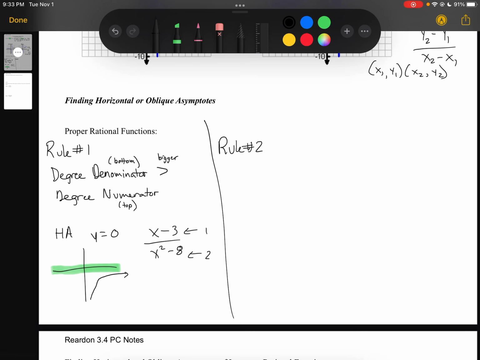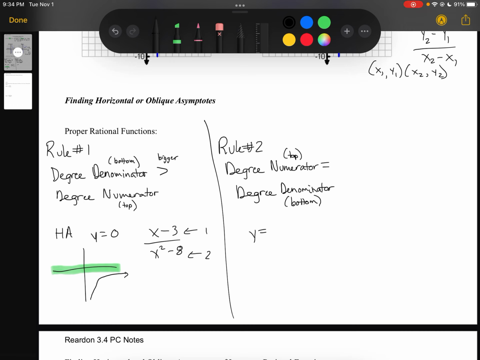Rule number 2. And again, this rule is a second review from earlier this week. So if we have the degree of the numerator, so the top, this time equal to the degree of the denominator, the bottom.